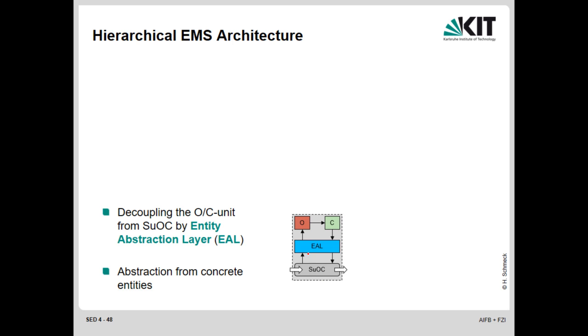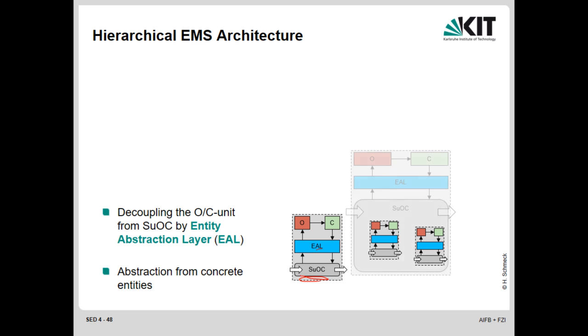So this is the entity abstraction layer, the system that is actually being observed. And we could have several of those components or several of those devices. We could actually put them together and then have, on a higher level, again, an entity abstraction layer abstracting from those devices that we have here.